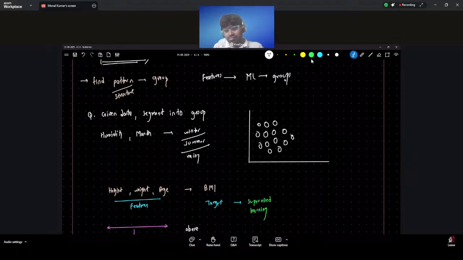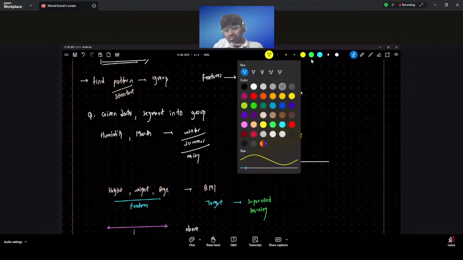This is my height. Yellow ones are my weight. Let's suppose I have normalized it, so all of them are kind of falling into the same range. Okay. And we have age.